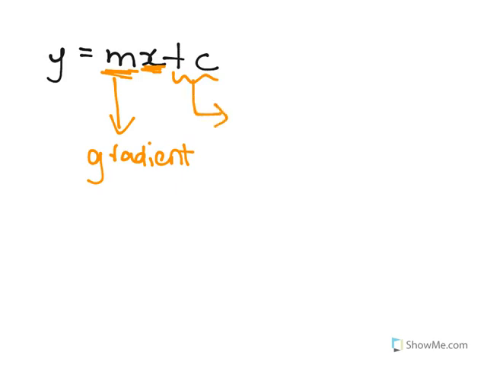And c gives us the position of the line. More specifically, it tells us where the line is going to cut the y-axis. So these are all things we've seen in a previous study of functions, and very important to bear in mind as we head into this bit of analytical geometry.